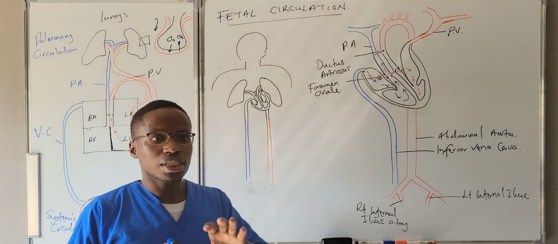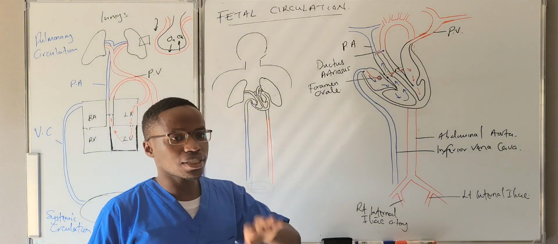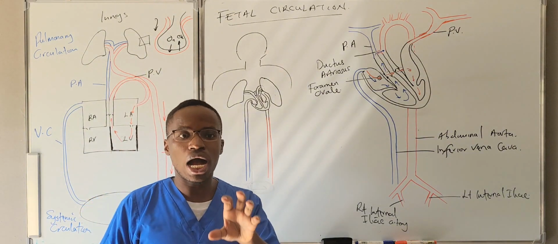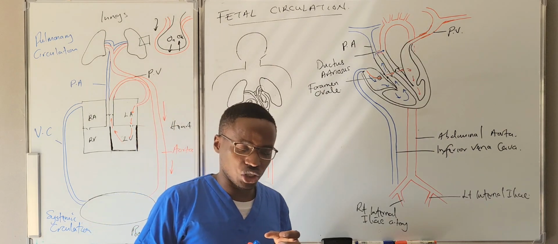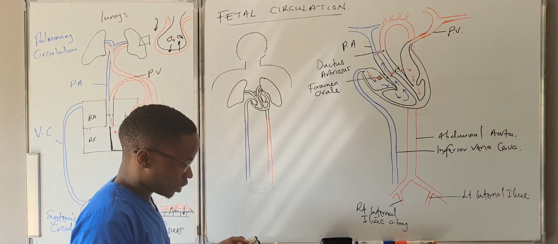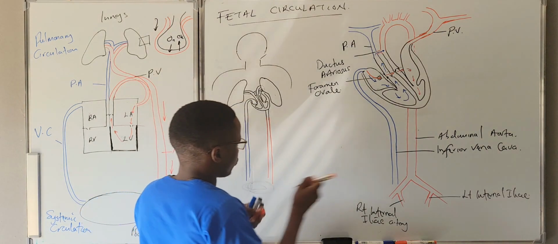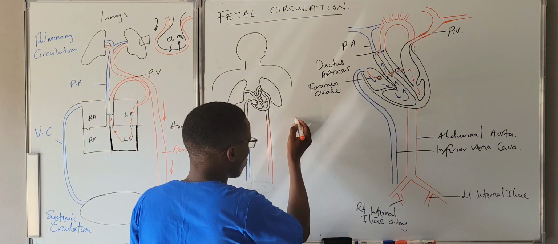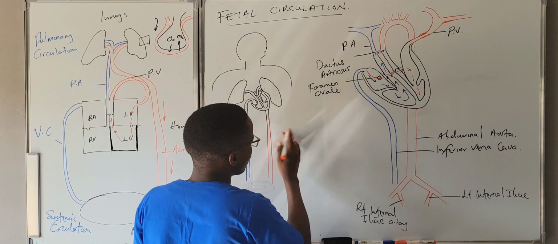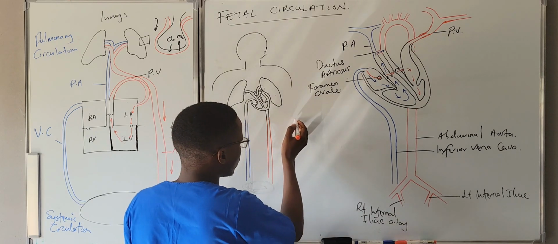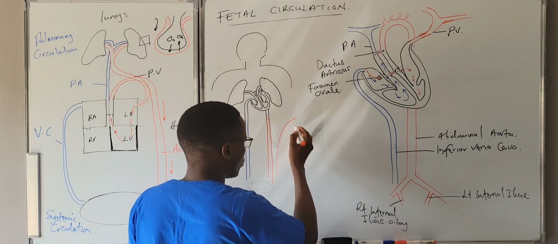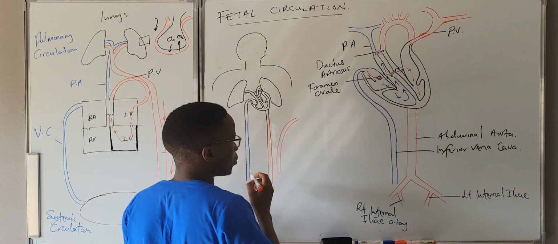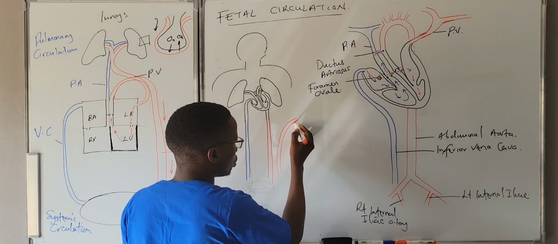Now, if we are saying that the lungs in a baby within the uterus are not breathing, how is the baby getting oxygen? This is where it gets interesting. Imagine this is the uterine wall, specifically the upper segment. So we have the wall of the uterus, and of course the endometrium.